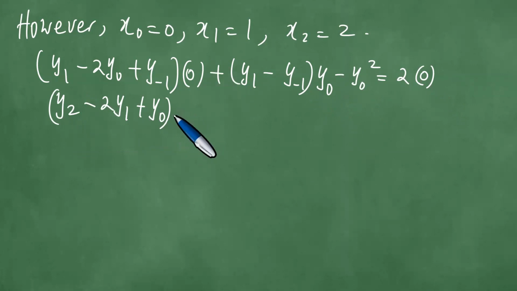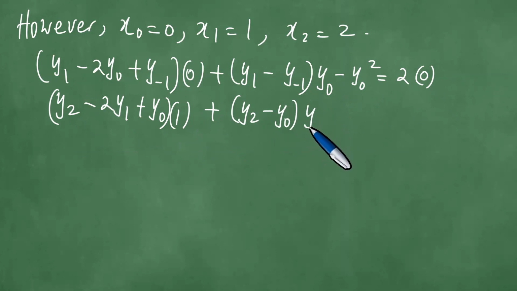X1 is 1 plus y2 minus y0, y1 minus y1 squared is 2x1, which is 1.